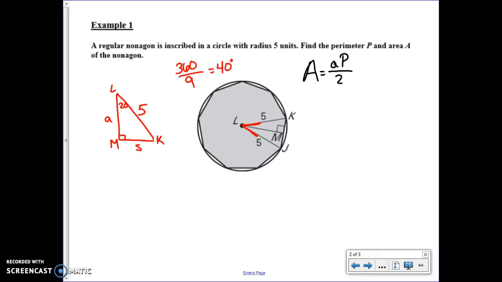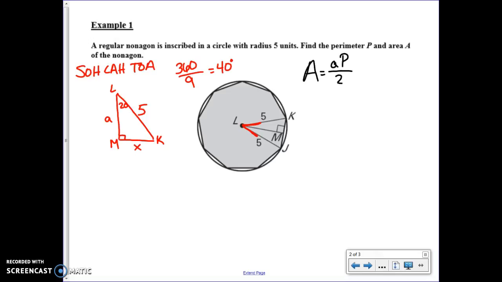So one thing we can do, and I'm going to change this S to an X because sometimes my S's look like 5s. So I'll call this X. So one thing we can do is go back to using right triangle trig. And then I can find the apothem. So if I look at the 20-degree angle, I have letter A, that side is adjacent. And I have 5, that's the hypotenuse. So think back to SOHCAHTOA.